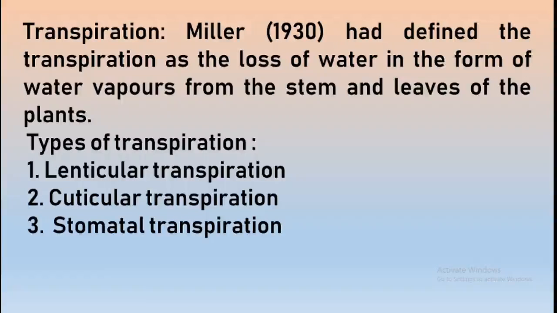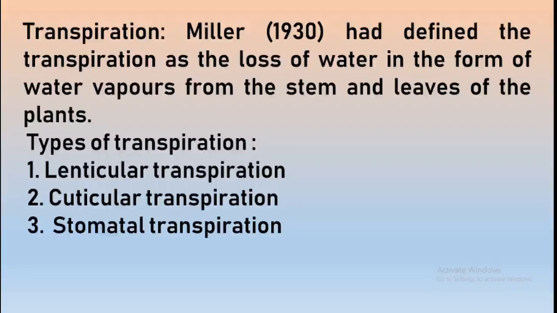Third one, stomatal transpiration. Stomata are minute pores present in the epidermis of aerial organs of a plant. They are surrounded by specialized epidermal cells called guard cells. The guard cells exhibit movements and control the rate of transpiration. Maximum amount of water is lost from the plant body through the stomatal pore.